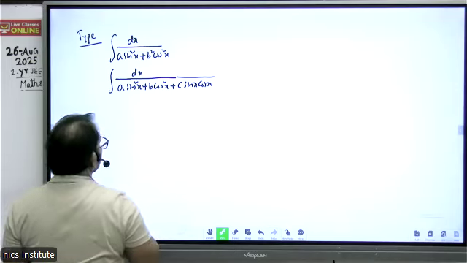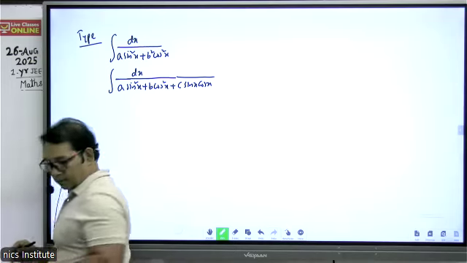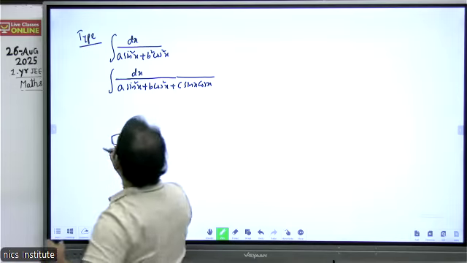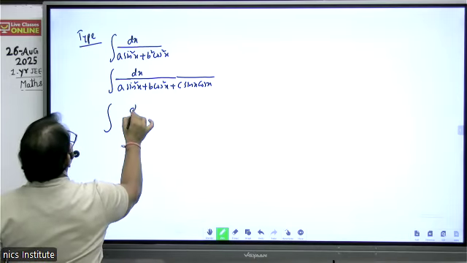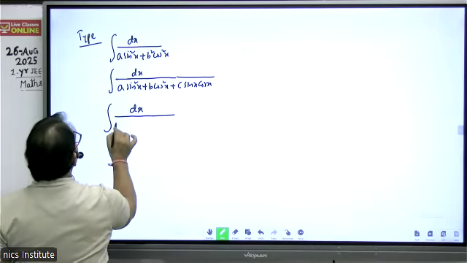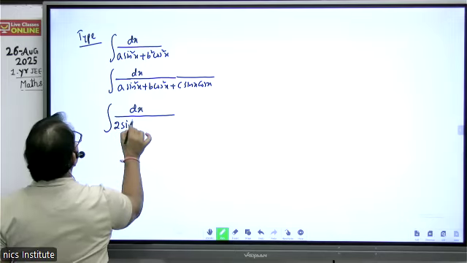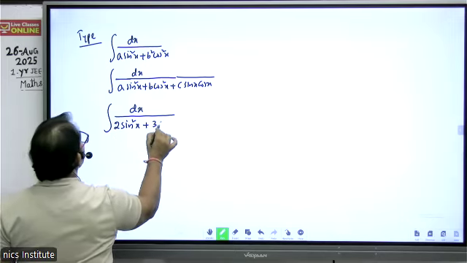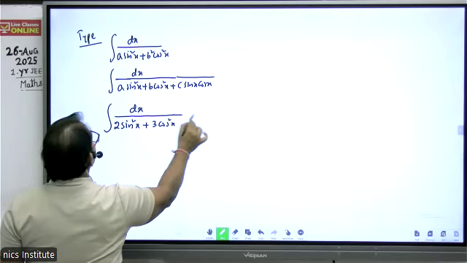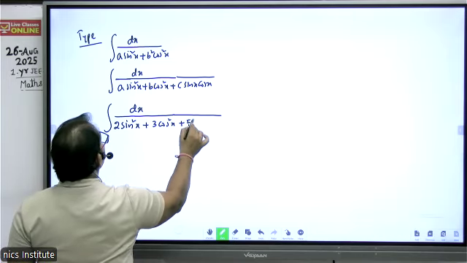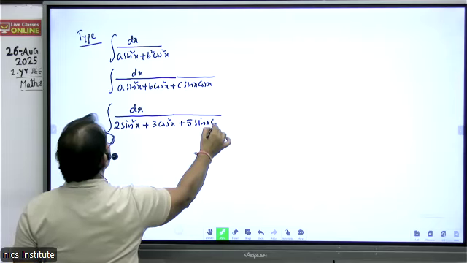So how do you answer these questions? Suppose we have a question: integrate dx by 2 sin square x plus 3 cos square x plus 5 sin x cos x. Suppose this is a question.